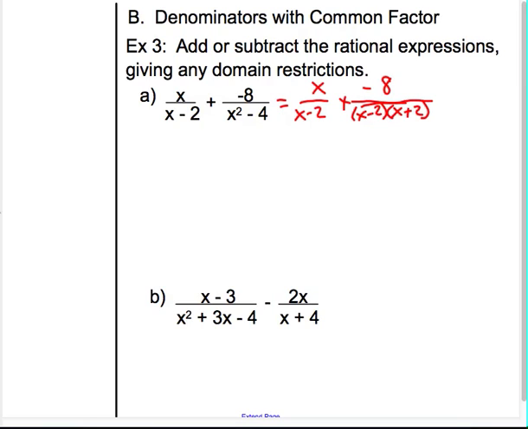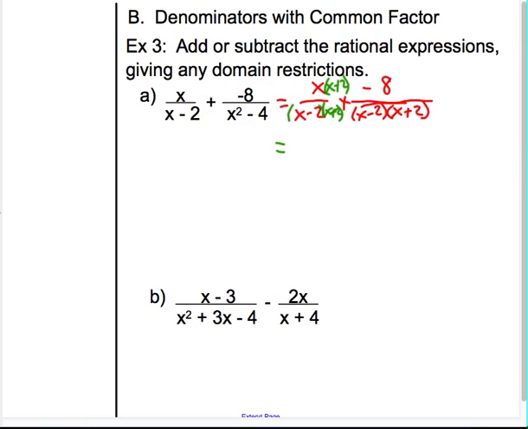Now similar to that second example with numbers that we saw, all I need to multiply my first fraction by is what's missing in the denominator. So what's missing is x plus 2. So I'm going to multiply my first by x plus 2 over x plus 2.